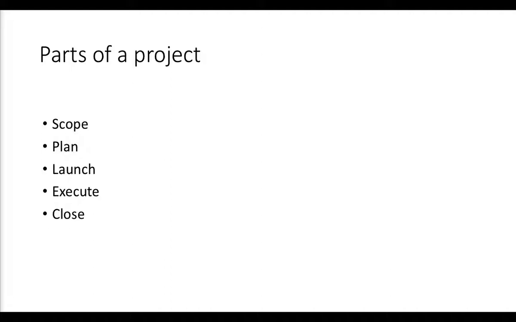But the parts of a project are the scope, what is inside the project, what is outside the project, the plan, how we're going to do the project, thinking about how we're going to do the project, not actually doing it, launching the project, so organising to get ready to do the project, executing, which some people call monitoring and controlling the project, so actually performing the tasks that you need to do to get the thing done. And then finally, closing out the project.